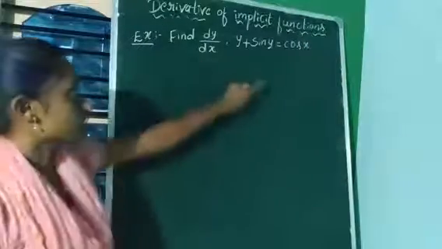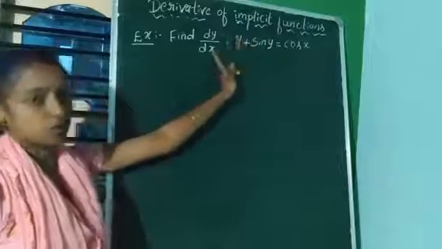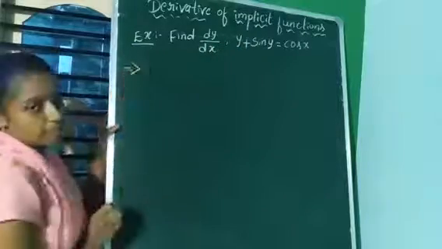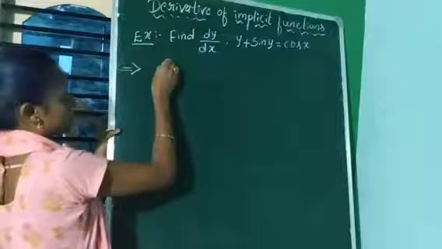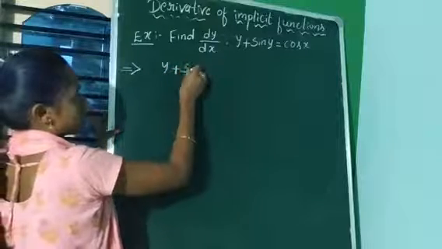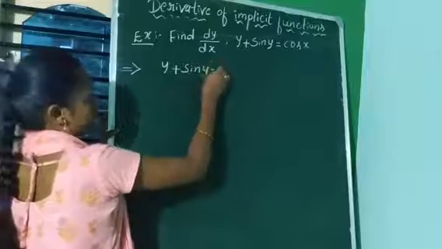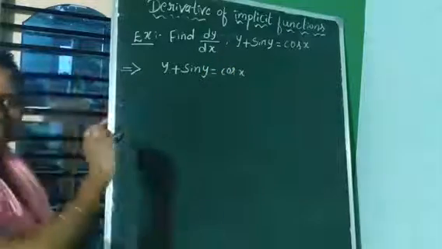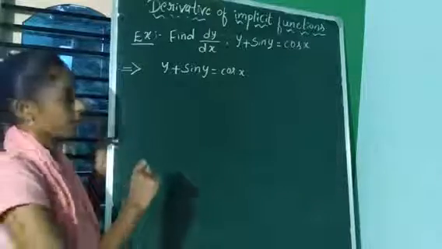You need to differentiate this with respect to x. Consider the function y plus sin y is equal to cos x. So what you will do is differentiate both sides with respect to x.